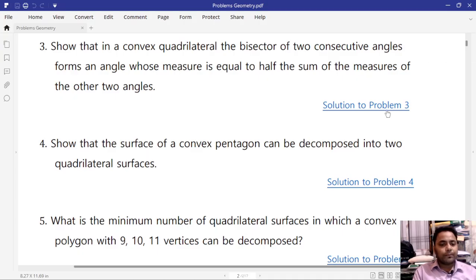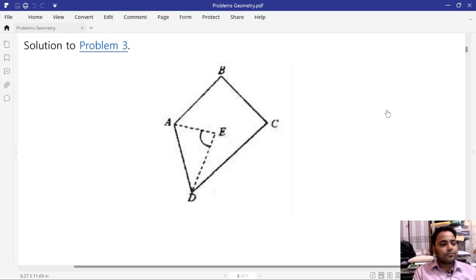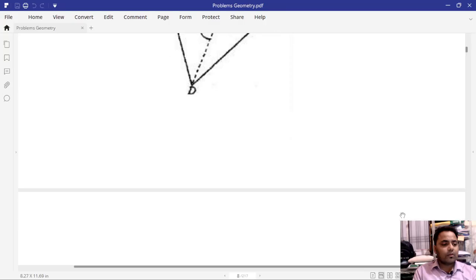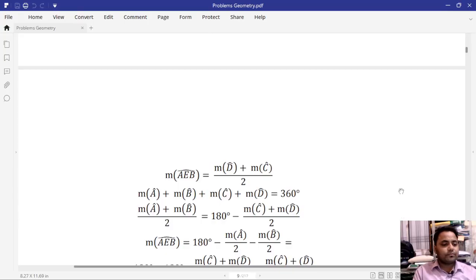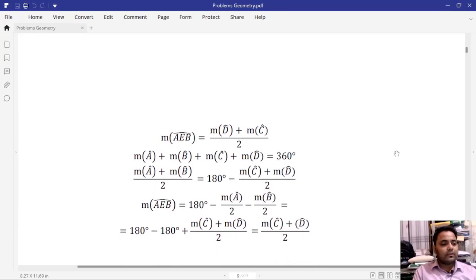So we go here like this. This is the example of a convex quadrilateral, and we are assuming that the sides are not equal, and we put the point E and the angle AED we have formed here. Now we can see here that the angle AEB is equal to (angle D plus angle C) by 2.